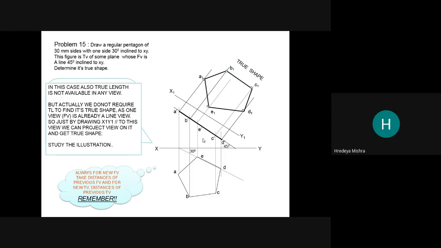Okay, so the next problem is, see here, again we repeat this simple problem. So those students who are absent can easily understand this problem. So this is the simple problem again.